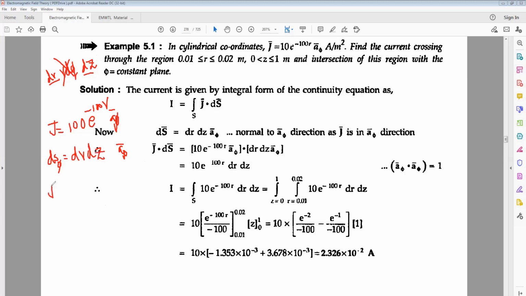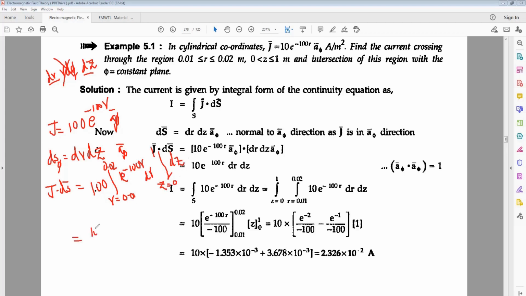So substitute in J bar dot ds bar, where a phi bar dot a phi bar is equal to 1, and it becomes the integral of 100 into e power minus 100 R dr, where R ranges from 0.01 to 0.02, and z varies from 0 to 1 dz.